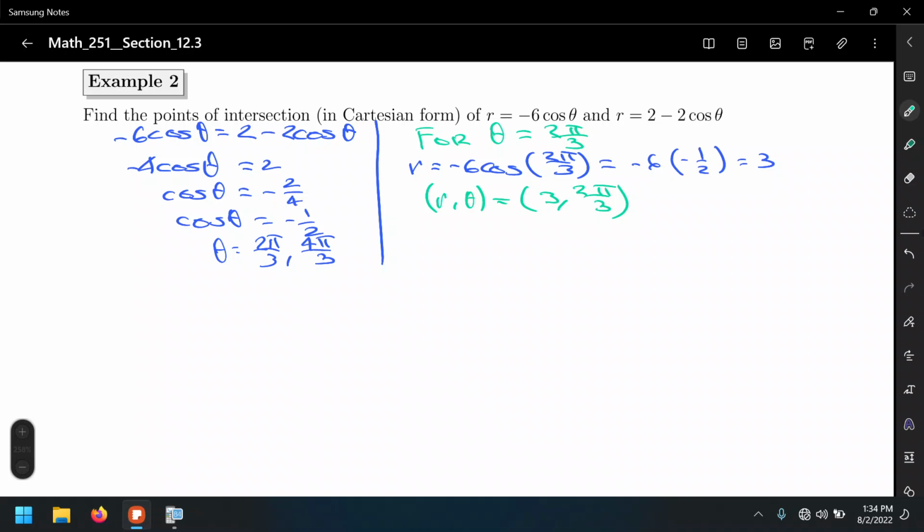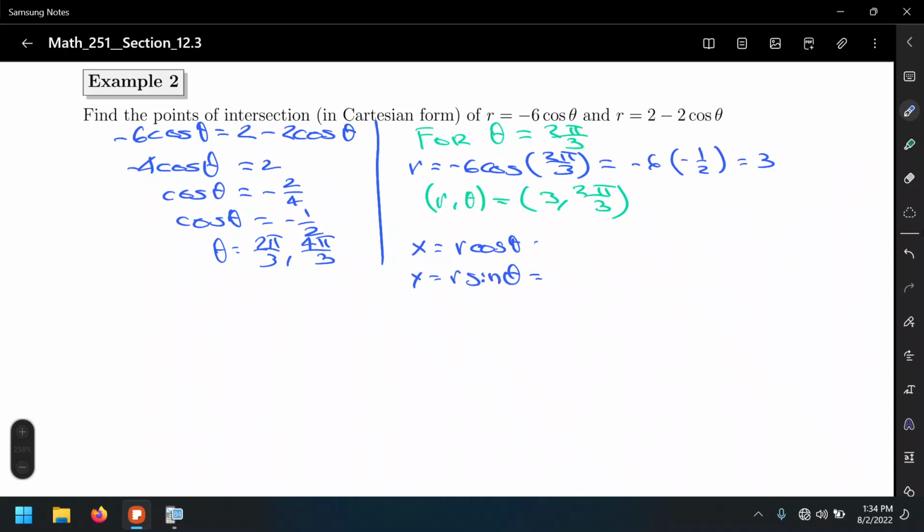Now we need to convert this point into Cartesian form. There are two equations that we need to use in order to get that: x equals r cosine theta, and y equals r sine theta.